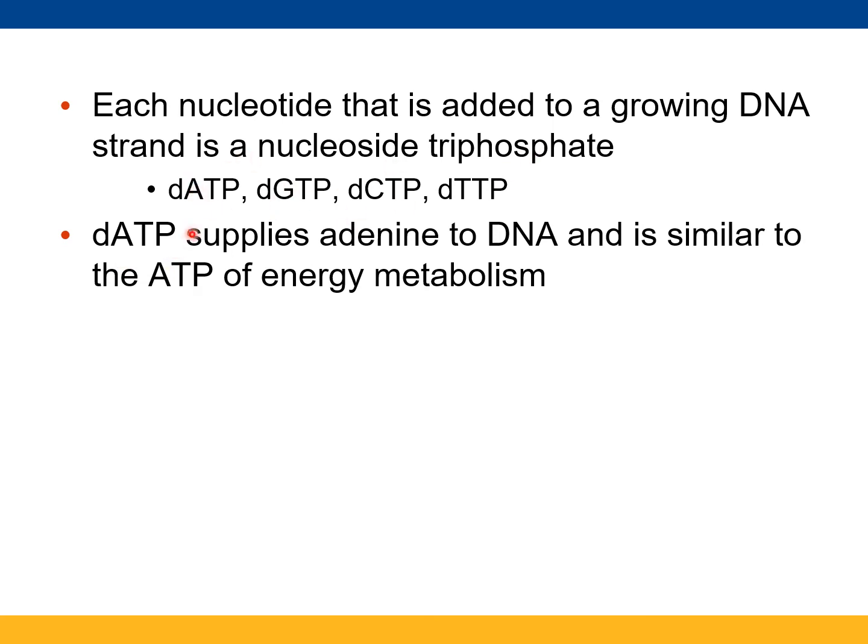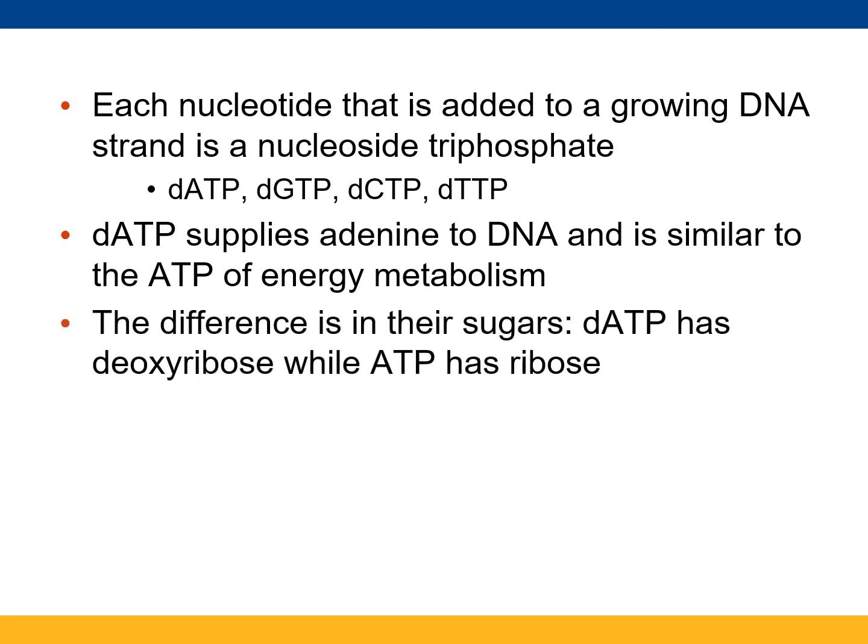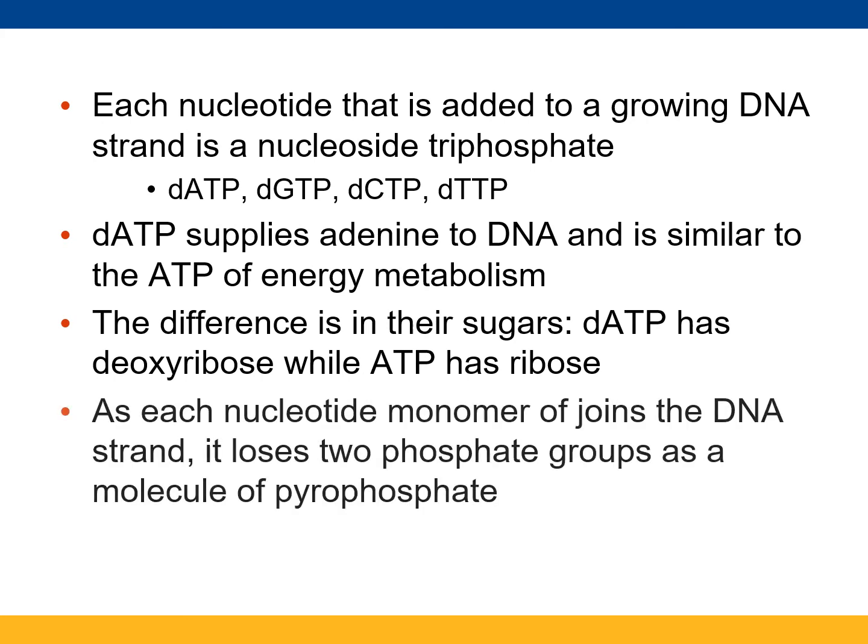These molecules supply the energy for elongation. As we hydrolyze the phosphates off of here, that provides the energy for DNA elongation as we're replicating it. So deoxy ATP, and regular ATP and the other ones that don't have that little lowercase d are ribose nucleotides.